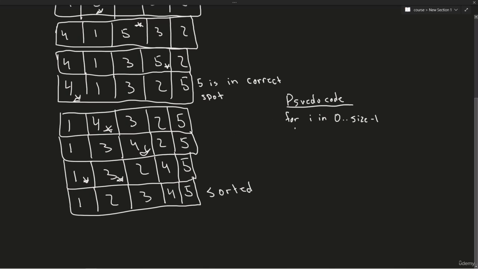So we're going to need another for loop, so we'll say for j in 1 to size minus 2, and then we will do our compare.